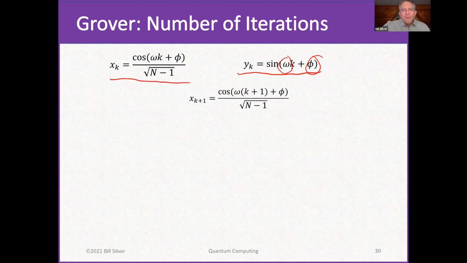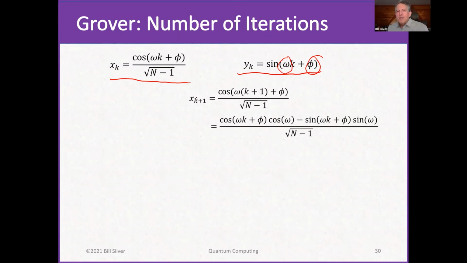I said, okay, starting with the cosine wave for x, if I simply plug in k plus 1, I can figure out what the x amplitude in the next iteration is. I just plug in k plus 1. I use a trigonometric identity to expand this to this formula here, which I can simplify like that. Again, it's just a trigonometric identity and some algebra.